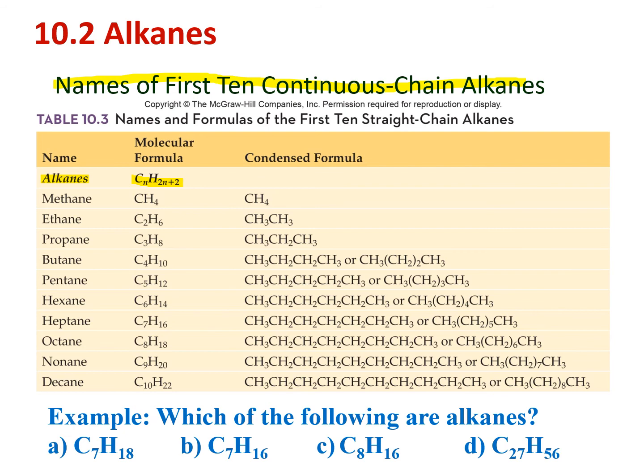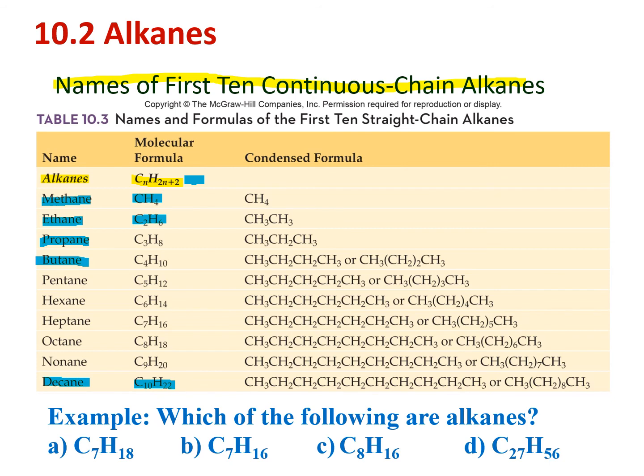In other words, it will have 4 hydrogens and 1 carbon, which is the formula for methane, CH4. Ethane is C2H6. Again, we can apply the same general formula, CnH2n+2. Then with 3 carbons is propane, butane, pentane, and so on up till C10H22, which is known as decane.